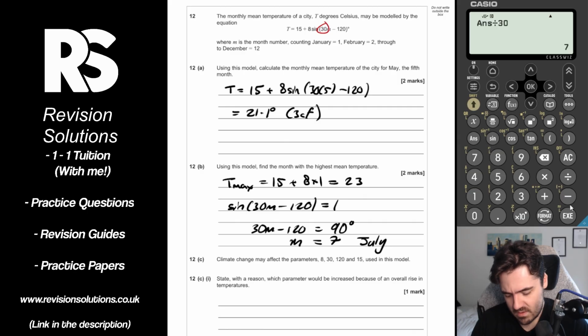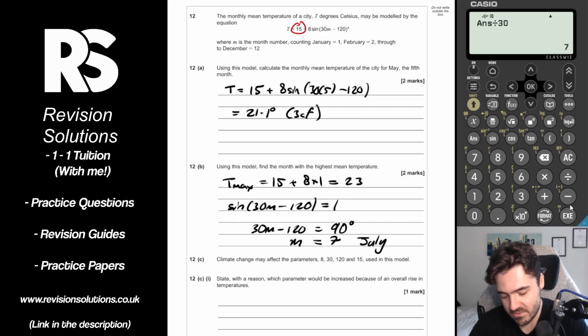global warming. 30 is a stretch, so that's probably to do with the fact that we've got a 12-month cycle. That's why we needed a stretch. But again, I don't think that's an obvious connection to global warming. Then 8 is a vertical stretch, so that means it oscillates up and down by 8 degrees from this 15. So I think that is probably a reasonable thing to talk about. You probably get bigger fluctuations in temperature as well. But I think the most obvious thing is just the average temperature.